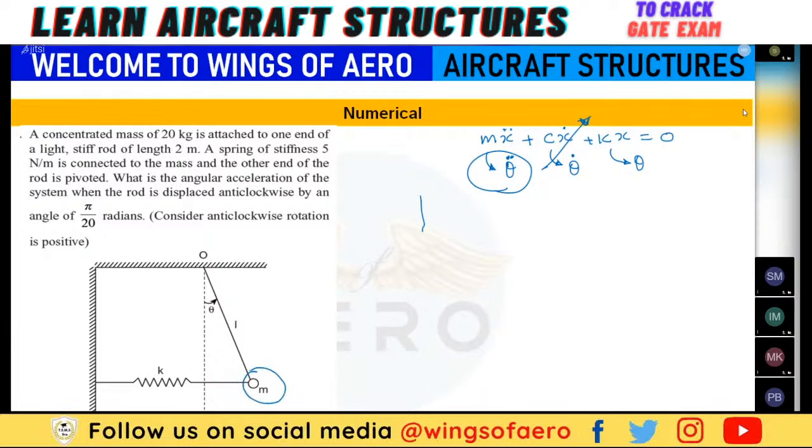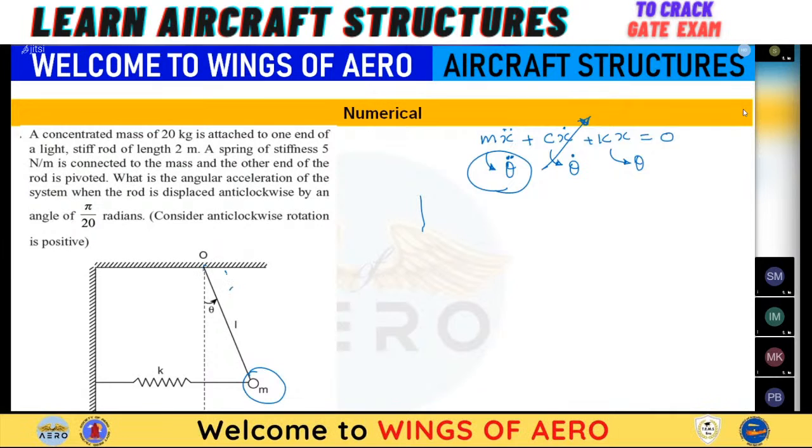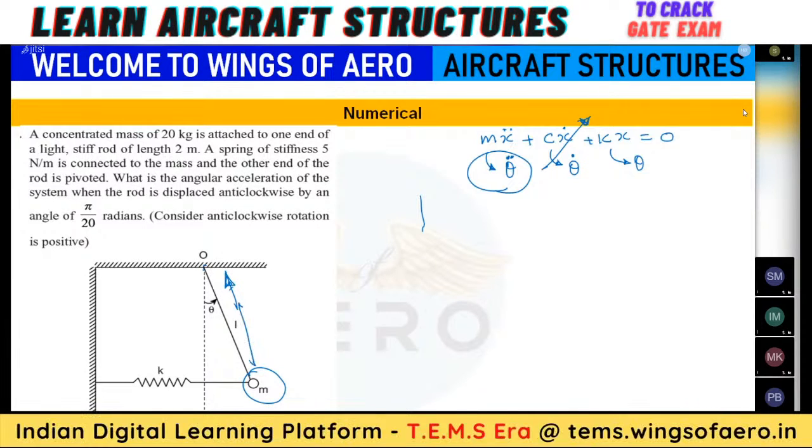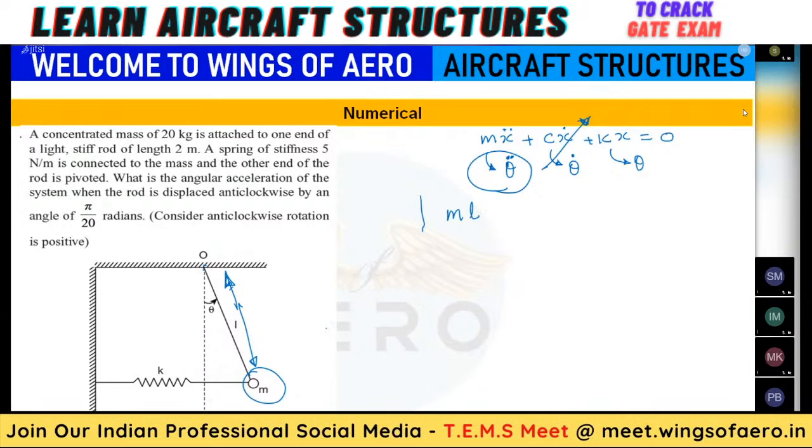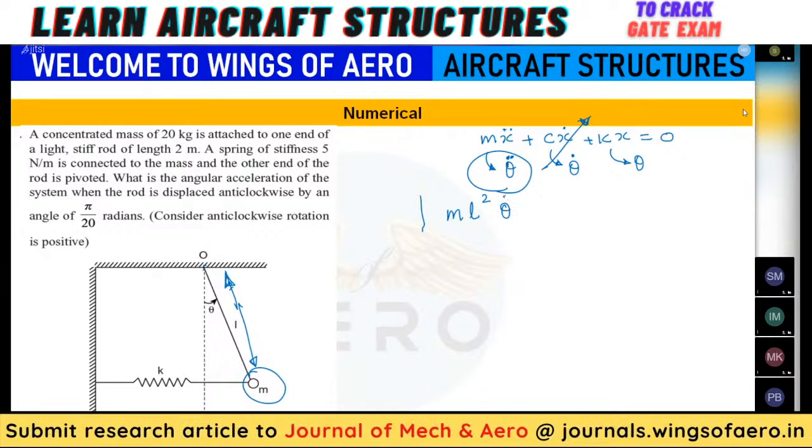The mass is here, and the distance from the fixed point is L. Whatever the distance is, you write m into L square theta double dot.